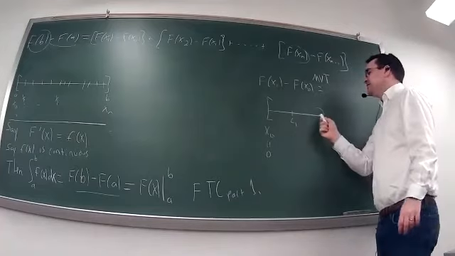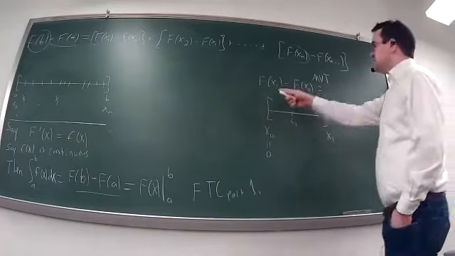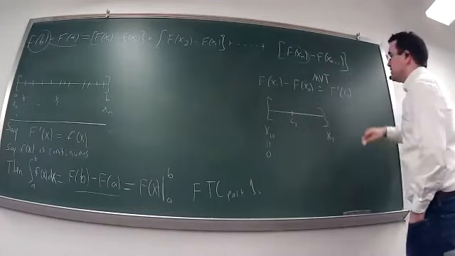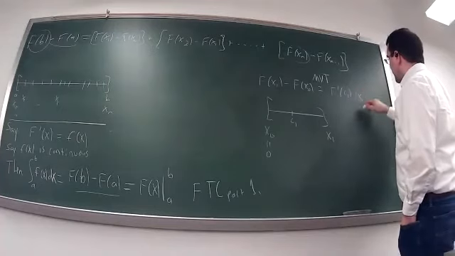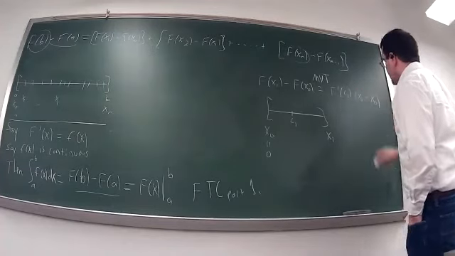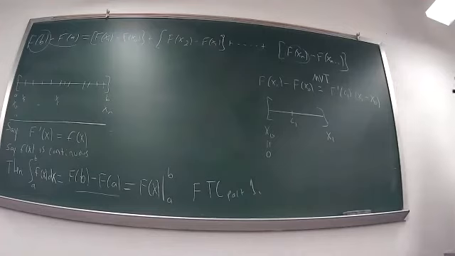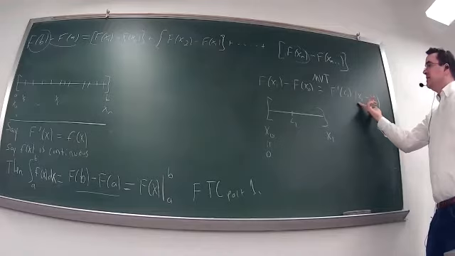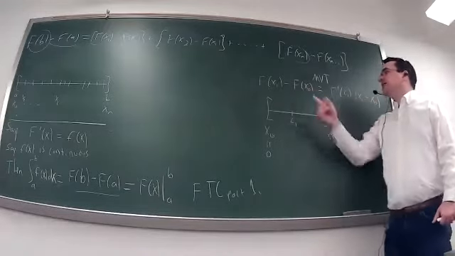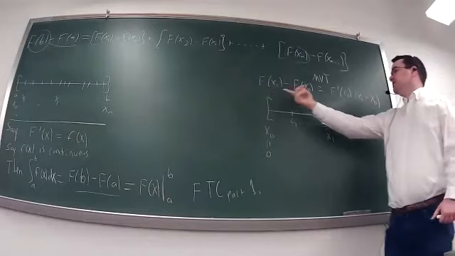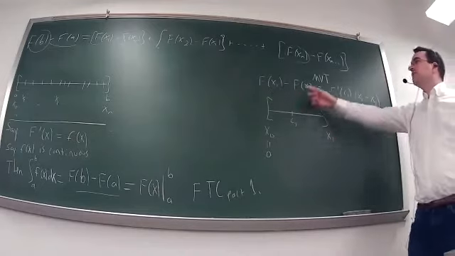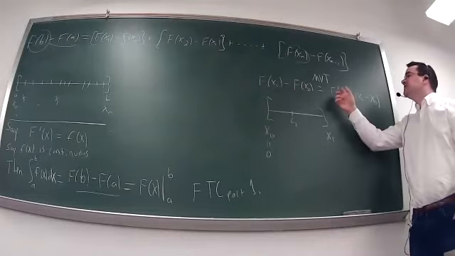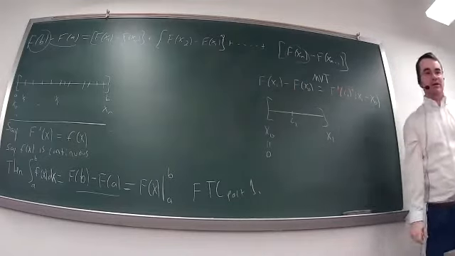There has to be some point inside this interval such that this difference is equal to capital F prime of c1 times x1 minus x0. The way we phrased it at that time was to say, if you look at the average rate of change of capital F on this interval, so if you divided both sides by x1 minus x0, the average rate of change of capital F would have to be equal to the instantaneous rate of change at some point inside the interval.